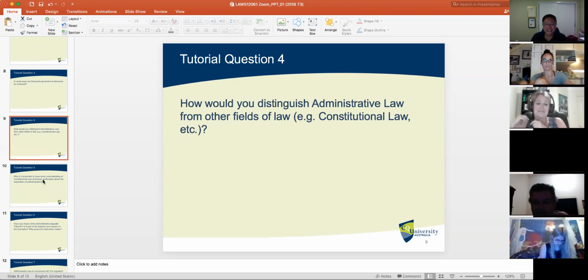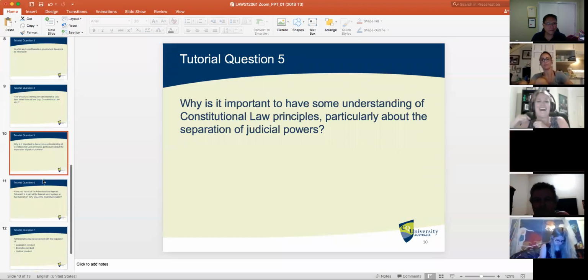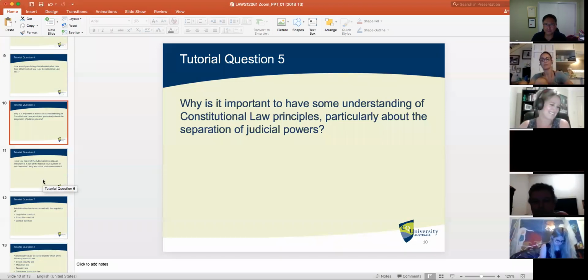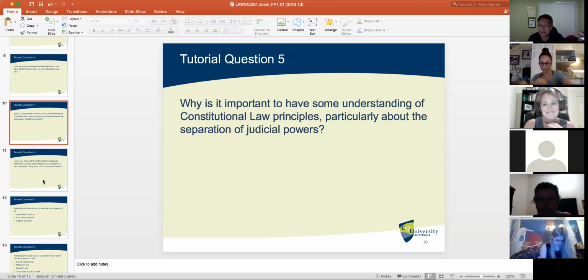Let's go to question 5 because I wanted to talk a bit about constitutional law. Why is it important to have some understanding of constitutional law principles, particularly about the separation of powers, or separation of judicial powers? It's important because issues around constitutional law can look a lot like administrative law issues.